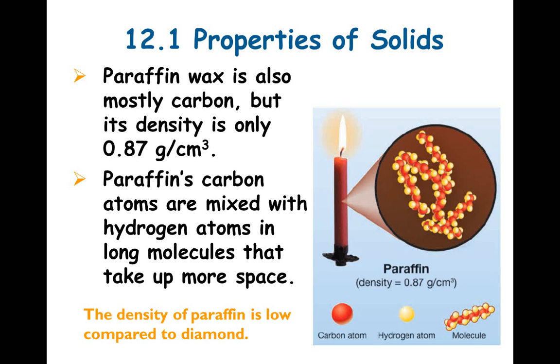The density of paraffin is low. So you have wax and you have paraffin, or you have a diamond. If you compare these things that are mostly composed of carbon, diamonds, they're more closely packed together. It's made of the same stuff, but it's more dense.